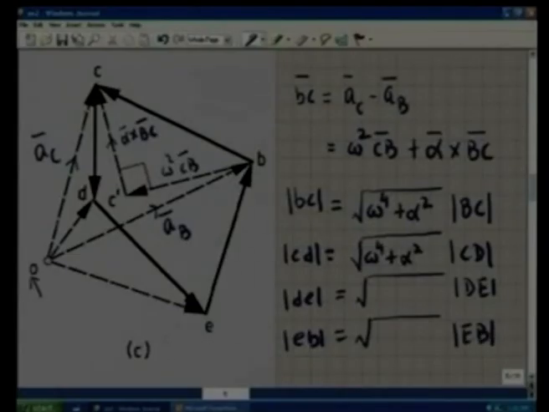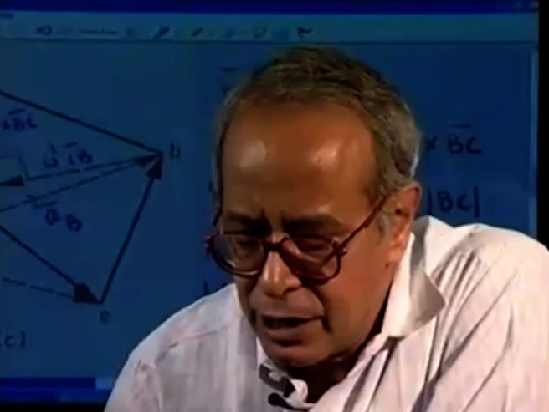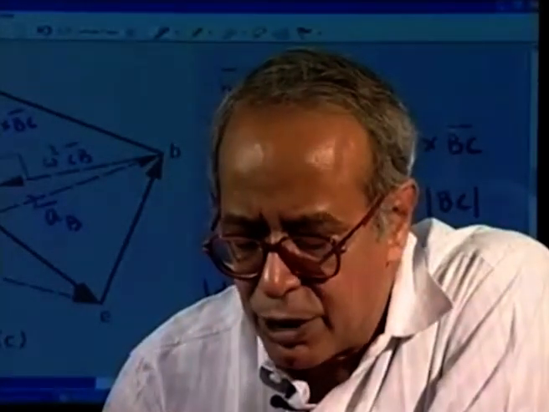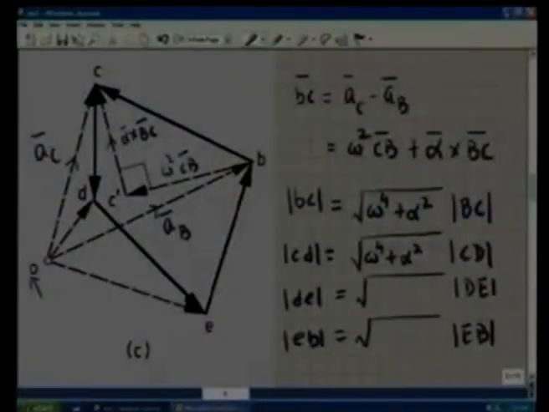So what we see, the quadrilateral consisting of small letters b, c, d, e has each side proportional to the corresponding side of the quadrilateral consisting of capital B, C, D, E. So small b, c, d, e is nothing but a scale drawing. The scale factor is given by square root of omega 4 plus alpha squared.